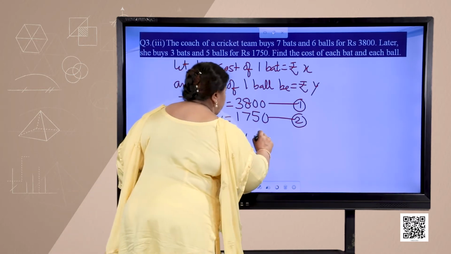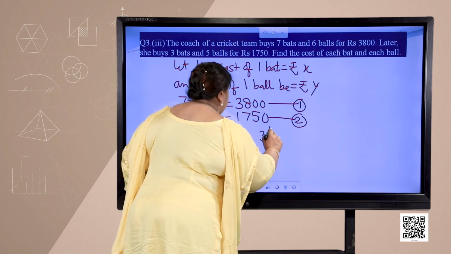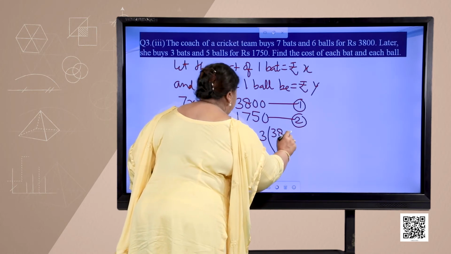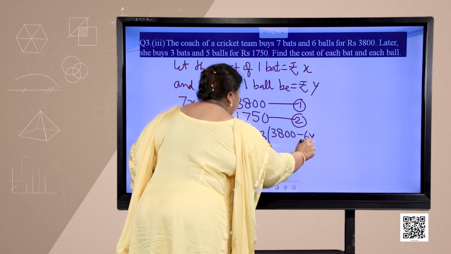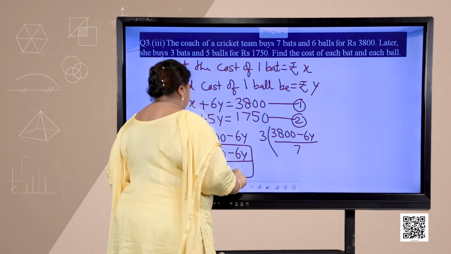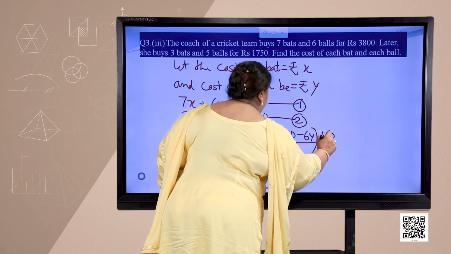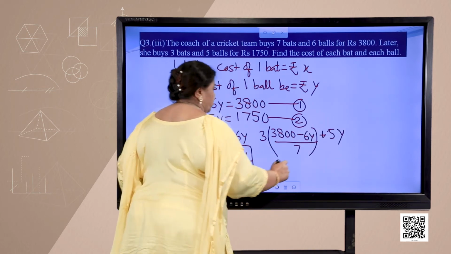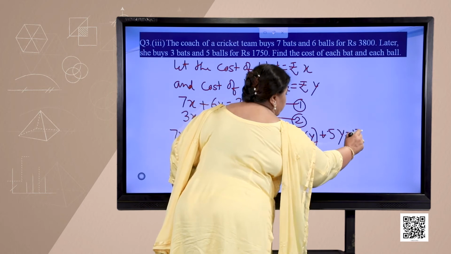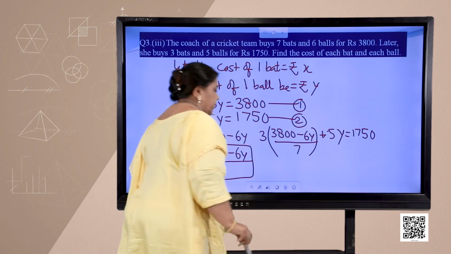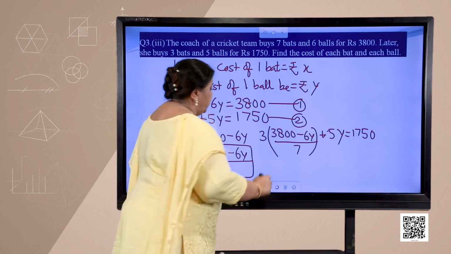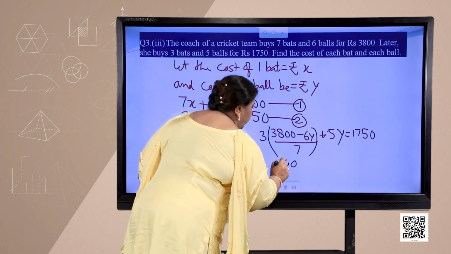Second equation goes 3 into x, that is 3 into (3,800 minus 6y) upon 7, plus 5y is equal to 1,750.